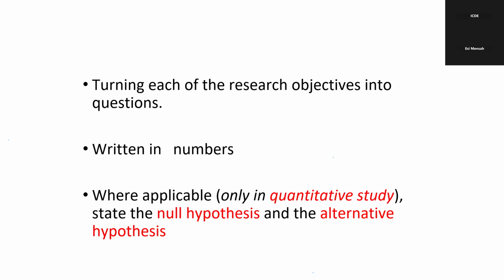Now, the hypothesis is a tentative, testable statement that can be proven true or false using statistical measures. So the hypotheses that you will develop, based on your research objectives, you must write them in a way that they can be falsified, proven to be true or false.